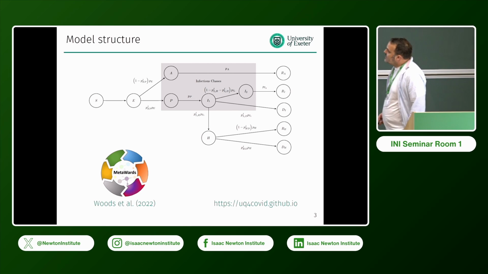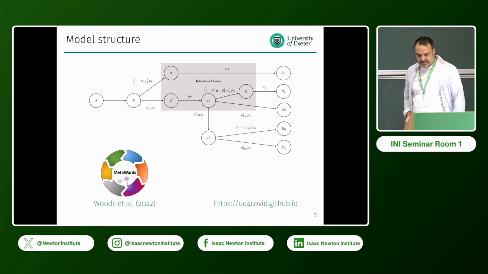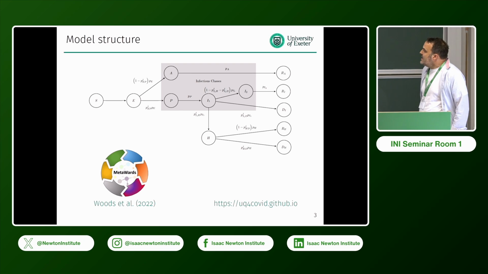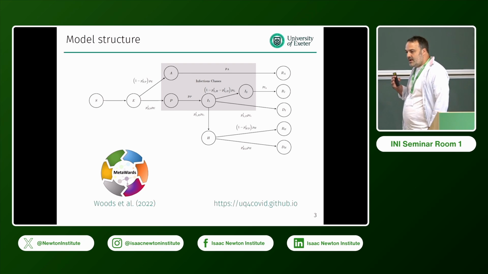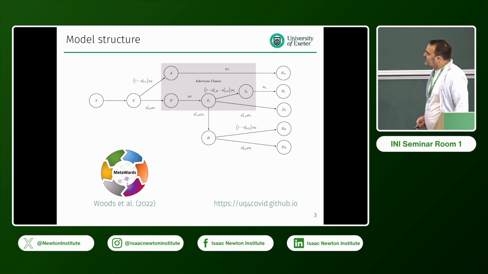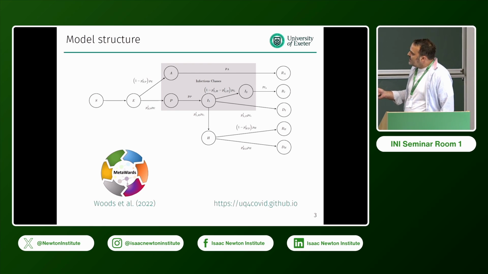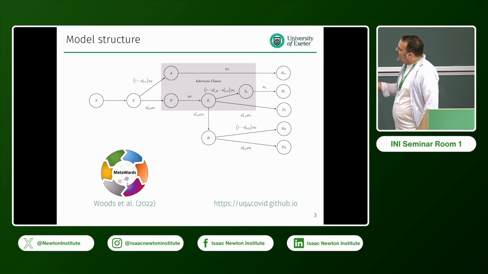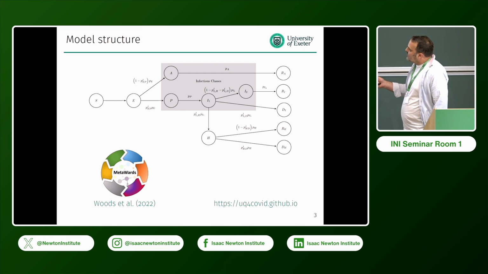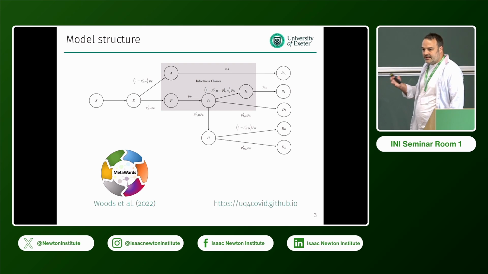The motivating example for this work is COVID-19 in England and Wales, and this is our original model. This is not too dissimilar from many of the models that were developed during COVID. Individuals start susceptible. If they're infected, they enter a latent infection state. Then they can progress down different pathways depending on the severity of symptoms.